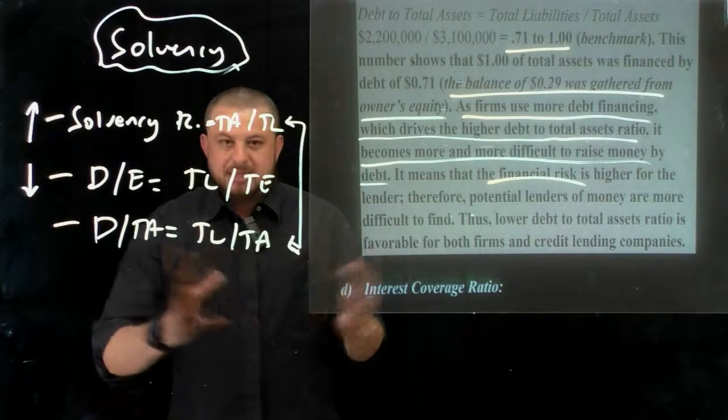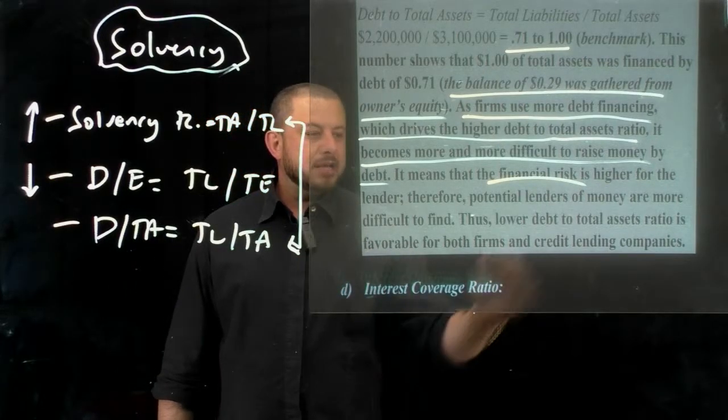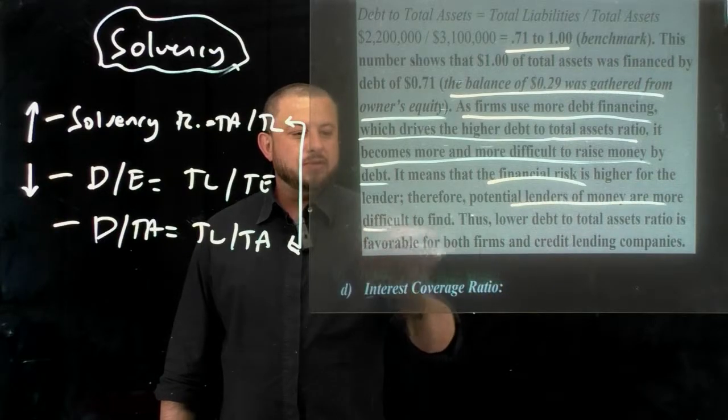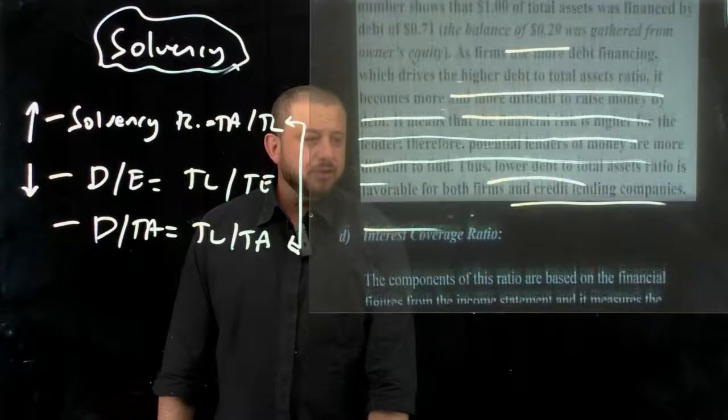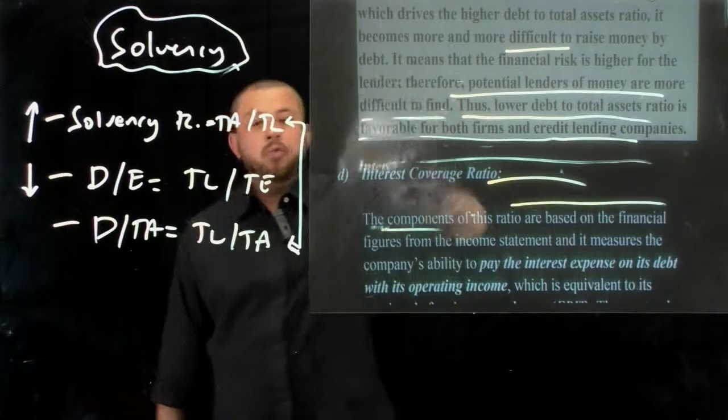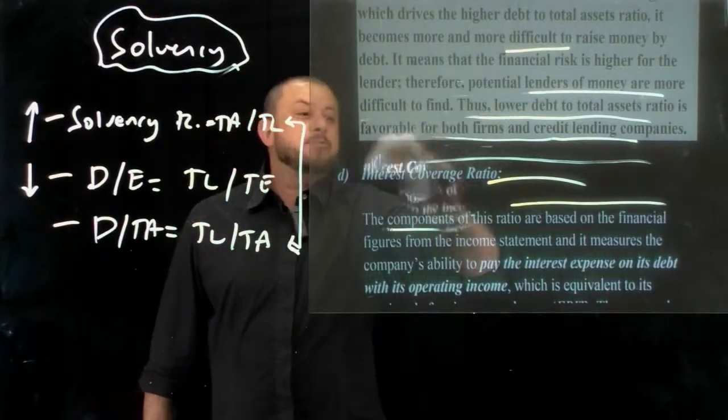Your business is risky, okay? Therefore, potential lenders of money are more difficult to find. Therefore, you want this ratio as low as possible, guys, okay?